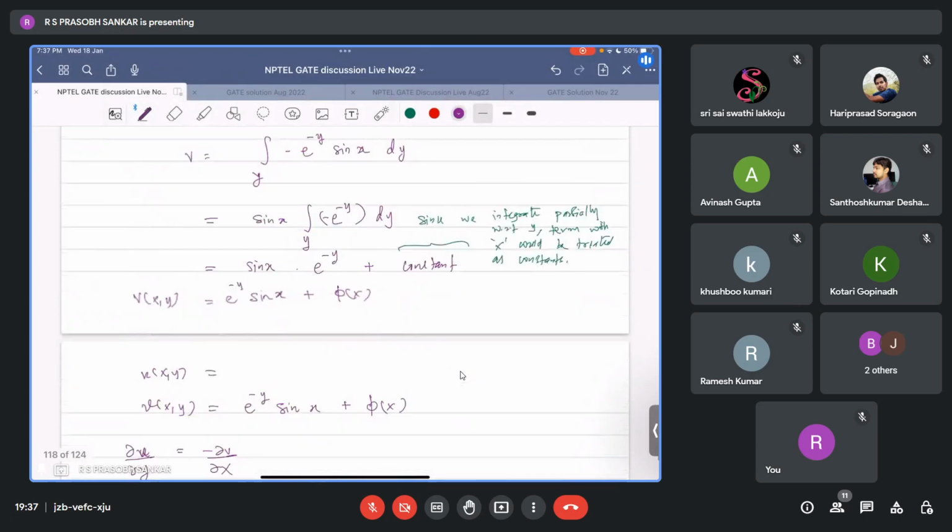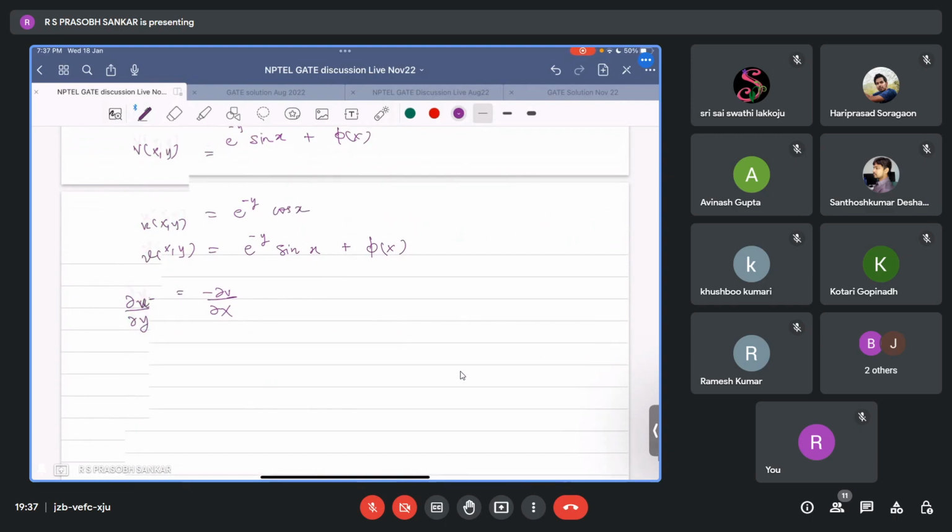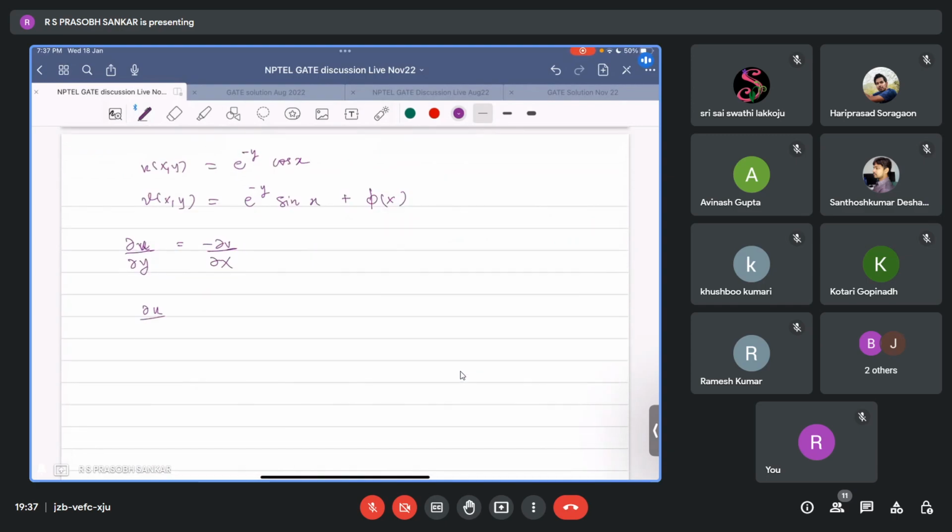In the question, it is given that it is e raised to minus y cos x. So dou u by dou y will be dou by dou y of e raised to minus y cos x. This will be minus e raised to minus y cos x.